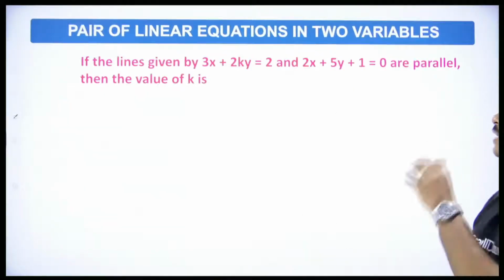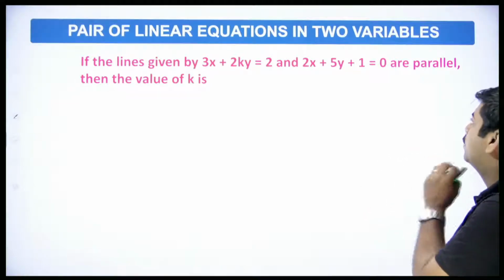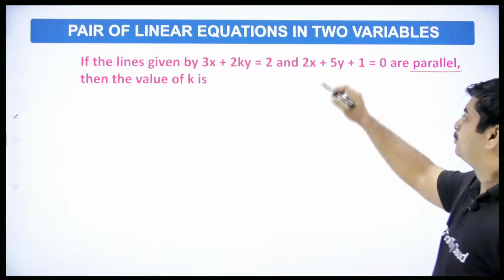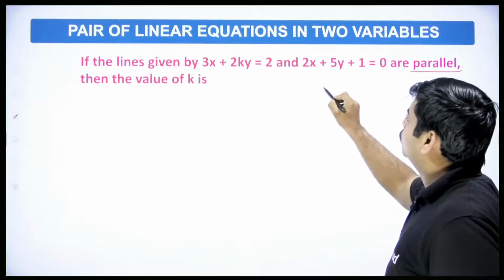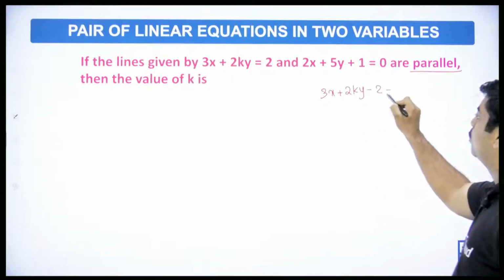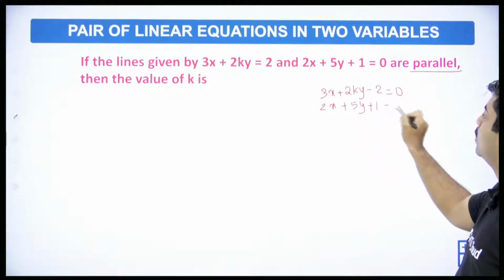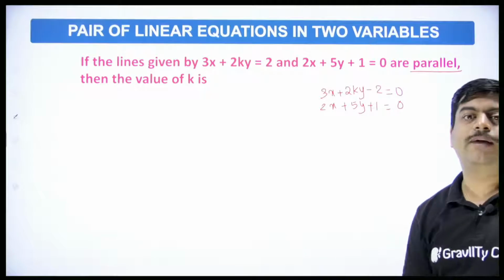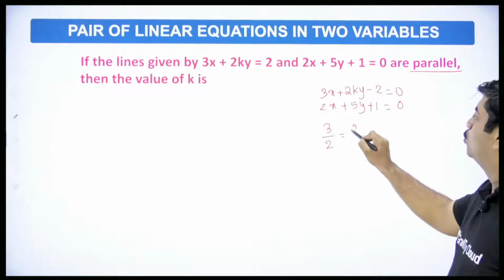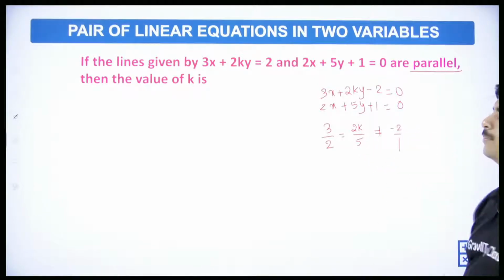The next one: if the lines given by 3x + 2ky = 2 and 2x + 5y + 1 = 0 are parallel. So 3x + 2ky - 2 = 0 and 2x + 5y + 1 = 0. So 3 by 2 should be equal to 2k by 5, which should not be equal to -2 by 1.